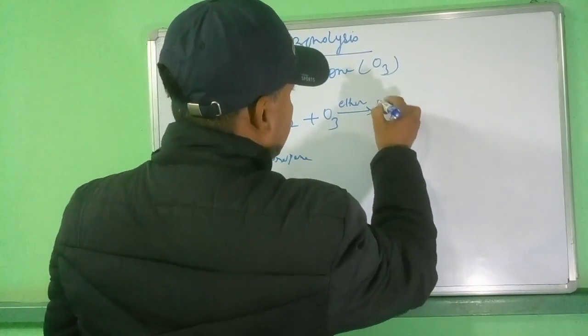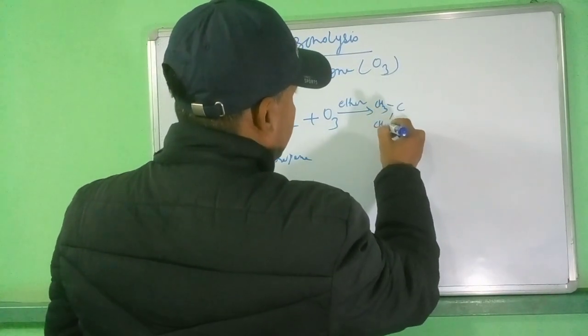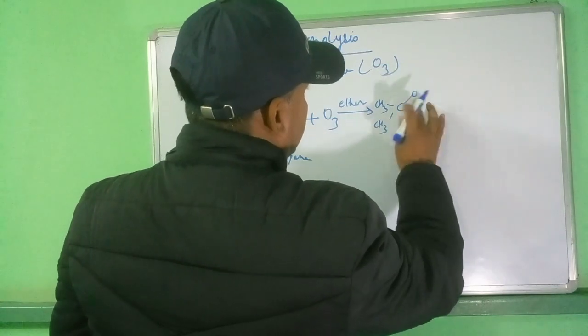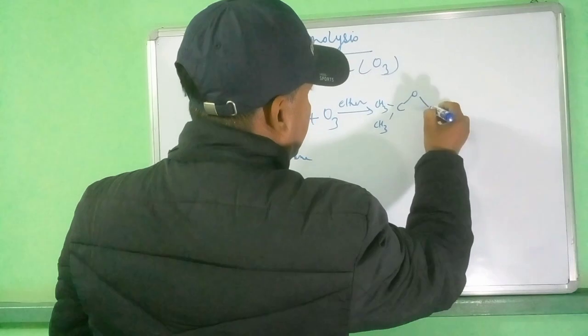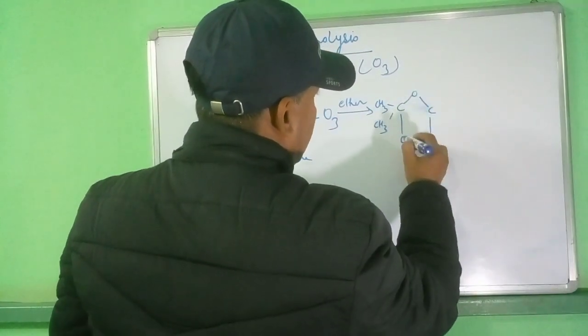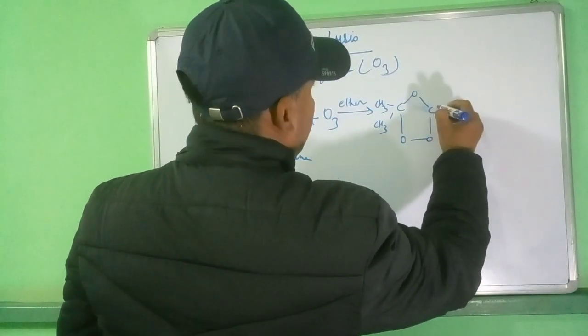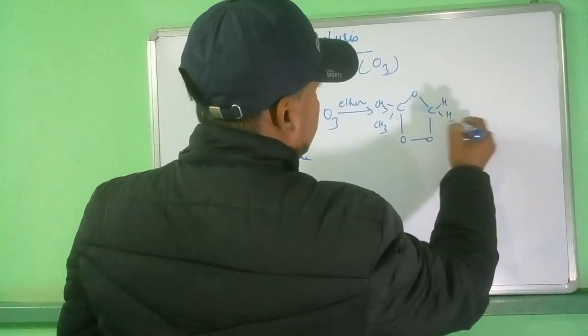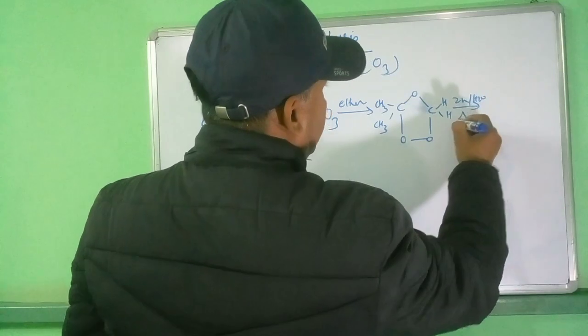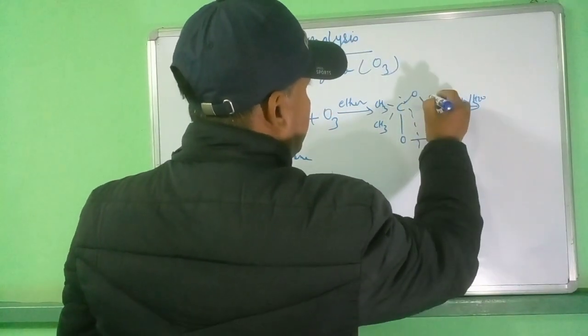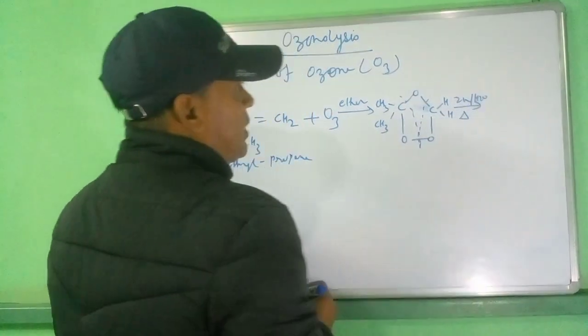At first here CH3, CH3, this C, and here the hydrogen. Then Zn plus water on heating, again Y-shape cleavage takes place.